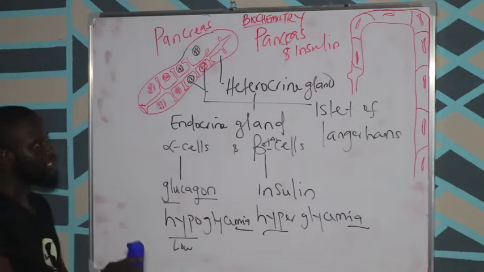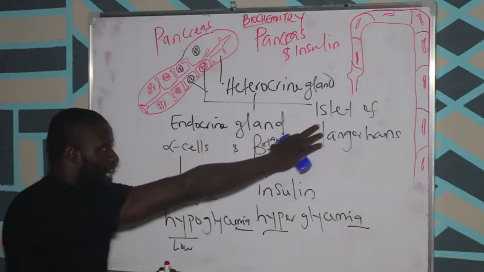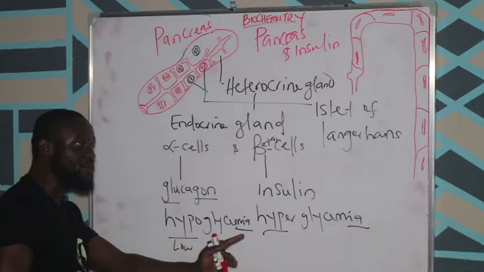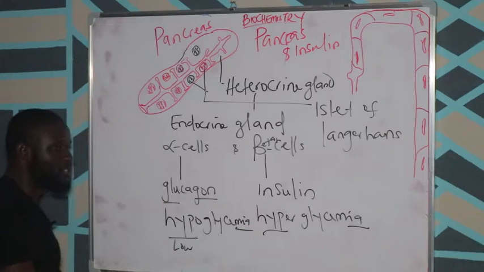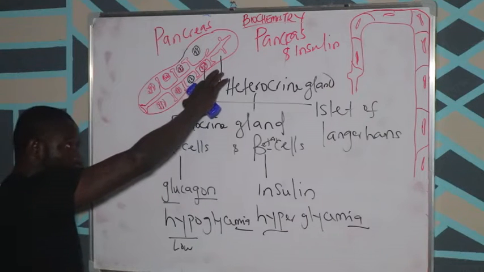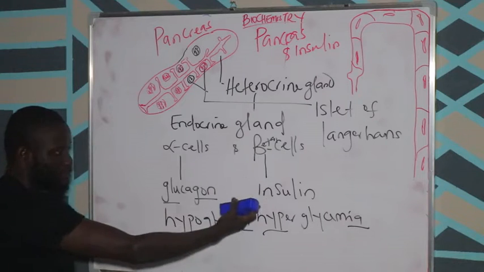So after knowing this, now let's go down. Since we now know that beta cells of the islet of Langerhans are responsible for producing insulin as a result of the stimulus hyperglycemia, that means when the glucose level is high, the pancreas is responsible to produce beta cells that will produce insulin.